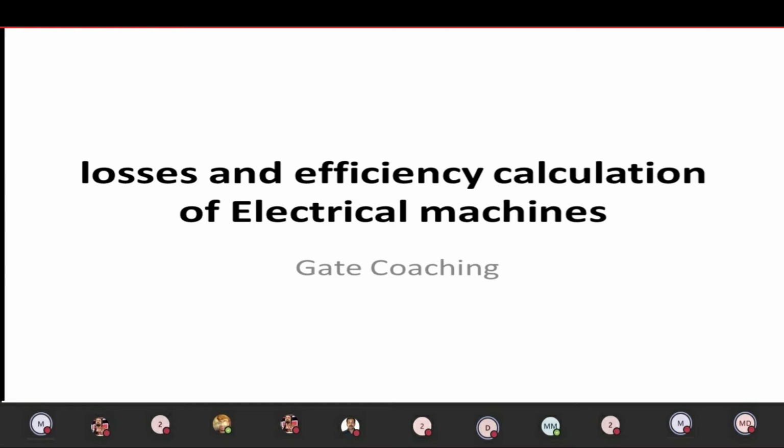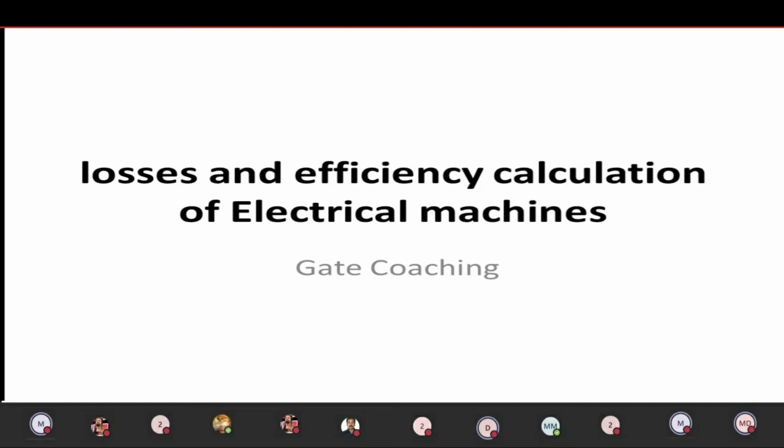Then variable loss. In the variable loss, the main loss is copper loss. Copper loss does not indicate that it happens only in copper material. It is a common term used in the electrical field because 99.99 percent of windings are made of copper.